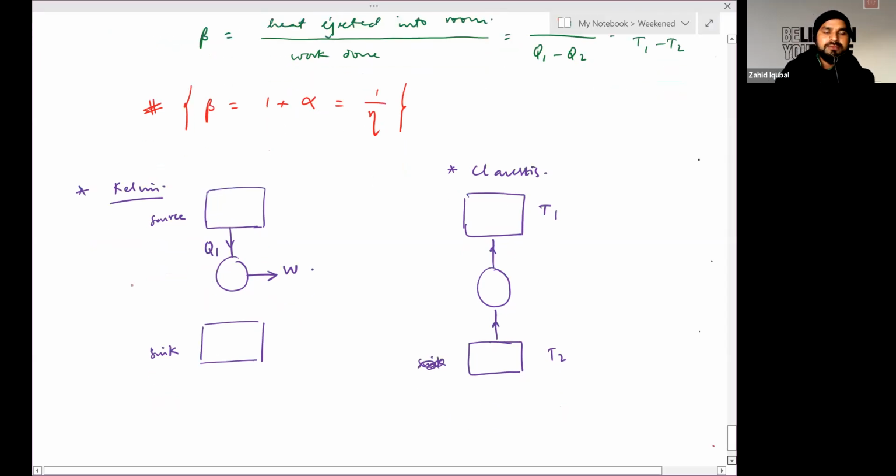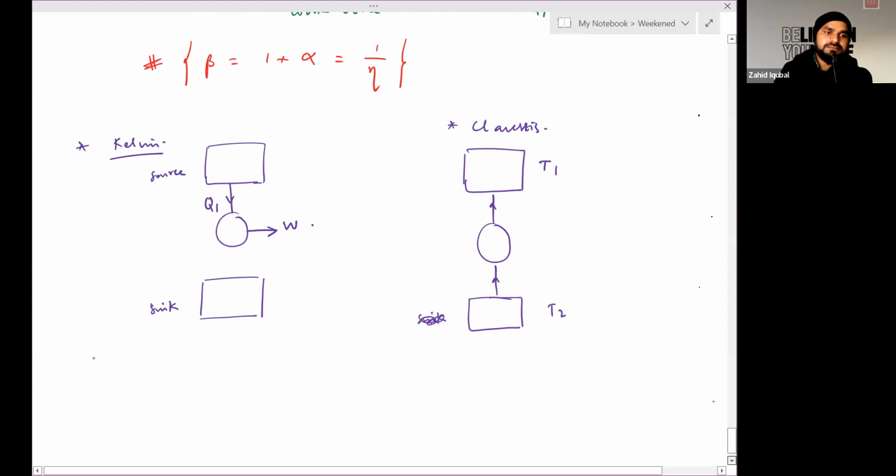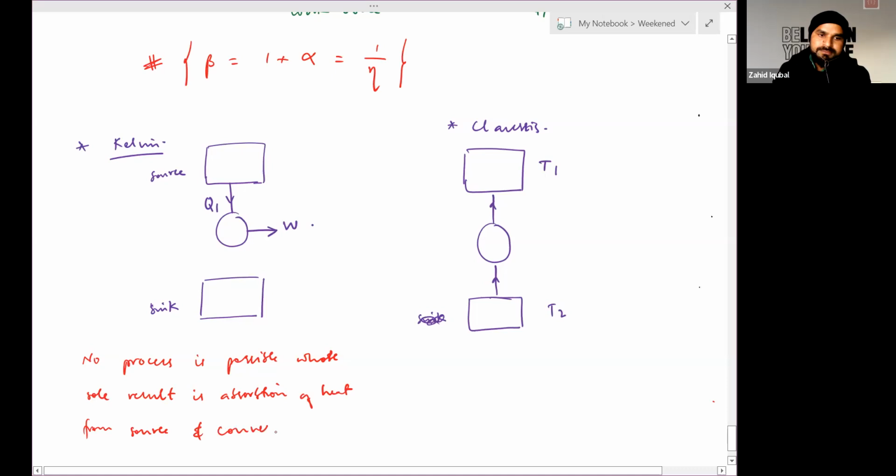So let me define. In first part, you can say, no process is possible whose sole result is absorption of heat from source and conversion into work.